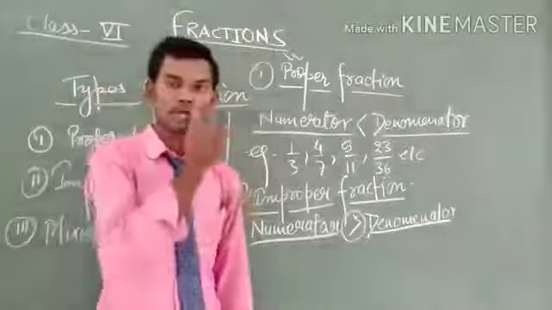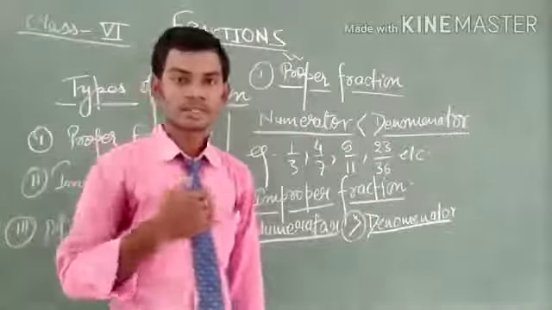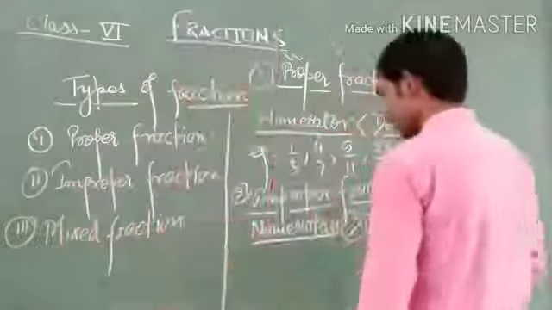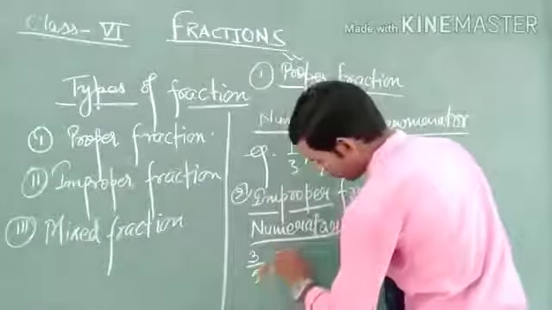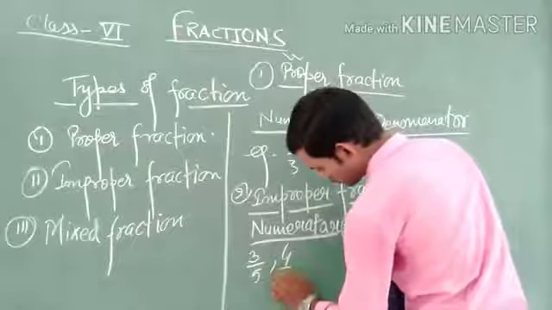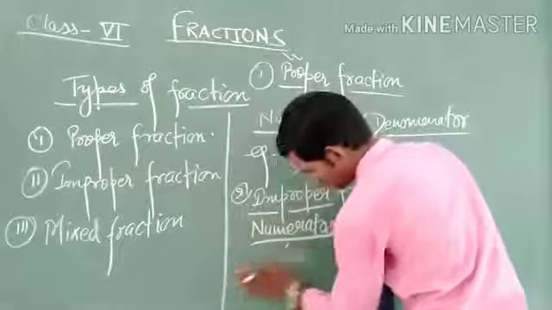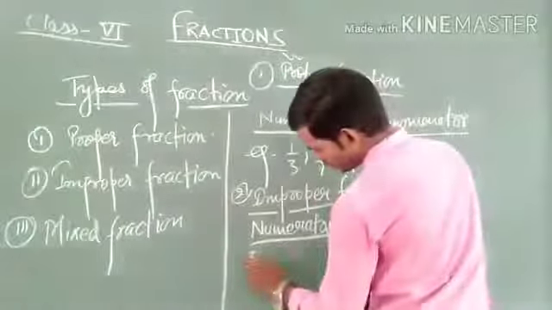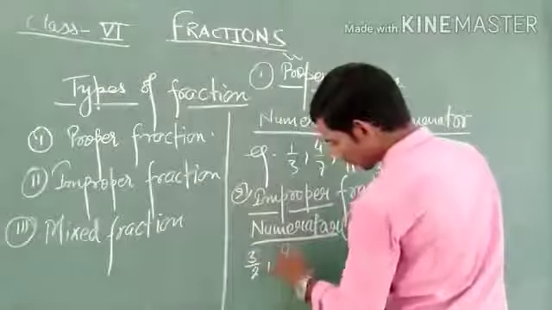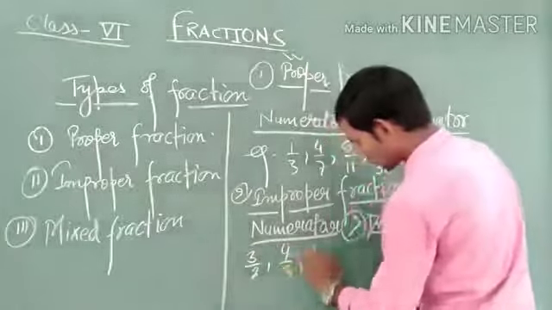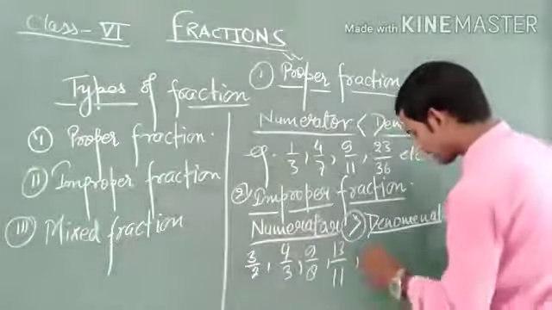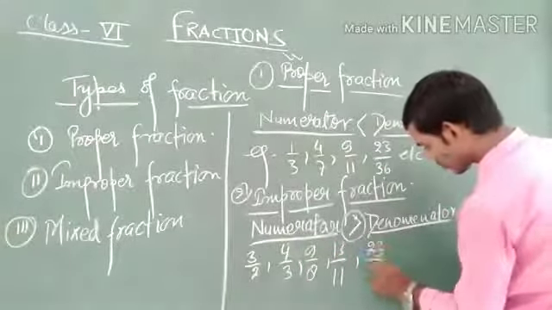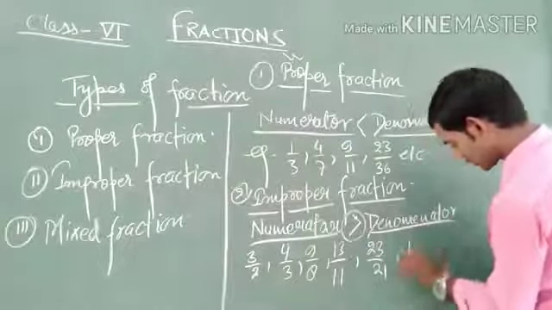I hope the condition is clear. Now let's see a few examples of improper fractions: 3 upon 2, 4 upon 3, 9 upon 8, 13 upon 11, and 23 upon 21, etc.